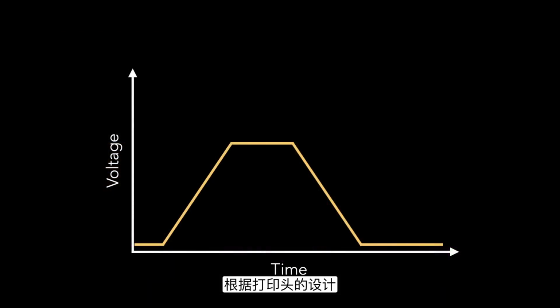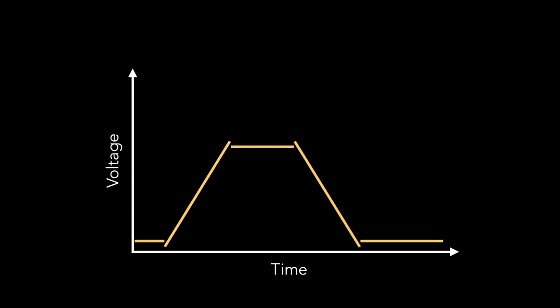Depending on the design of the printhead and which manufacturer it comes from, the waveform can take a couple of different shapes. There are some versions of the waveform where it is an active high, so voltage is applied in the positive direction, which causes the nozzle to move.